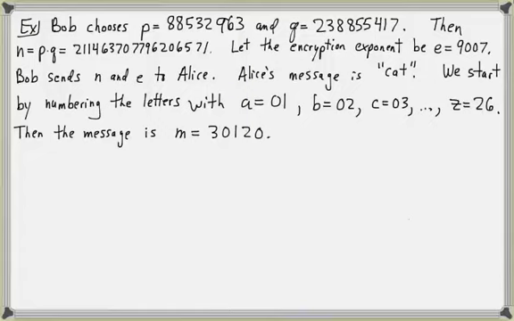Then Alice would compute the ciphertext. So it's the ciphertext C, which is M raised to the power E. So this is 30120 raised to the power 9007.